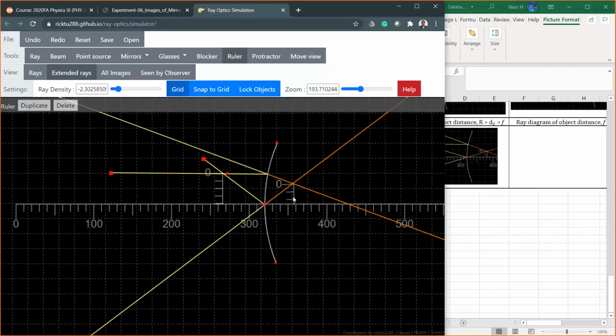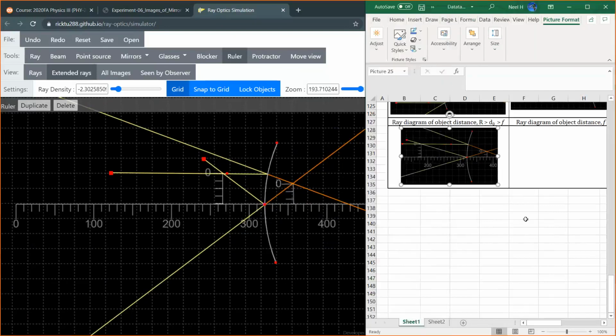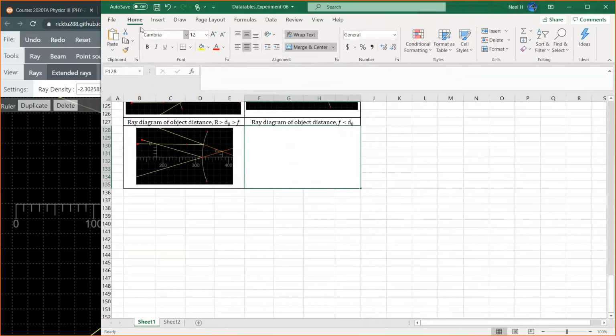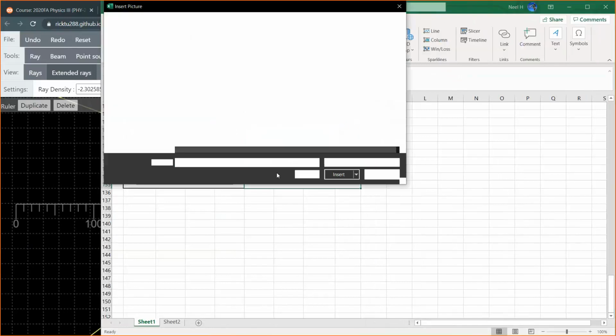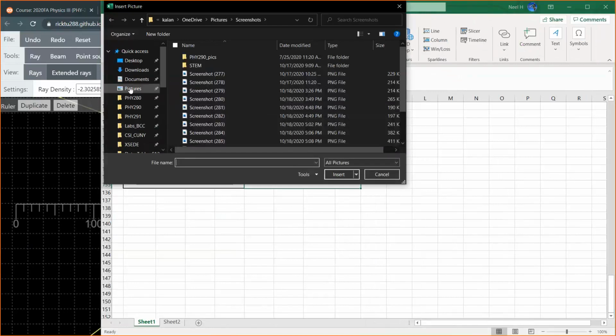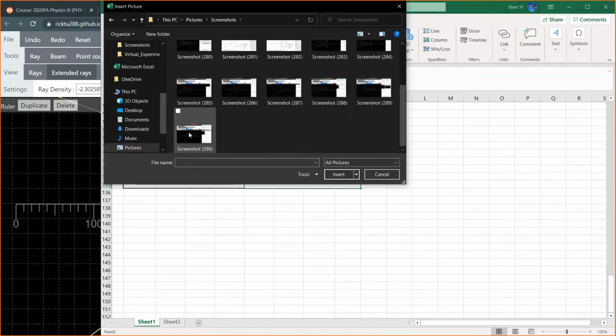Now that's the image location, and you can see the image size is a little bit larger than the previous. Take another screenshot that goes here. Third picture, and that's the last ray diagram you need for this lab.